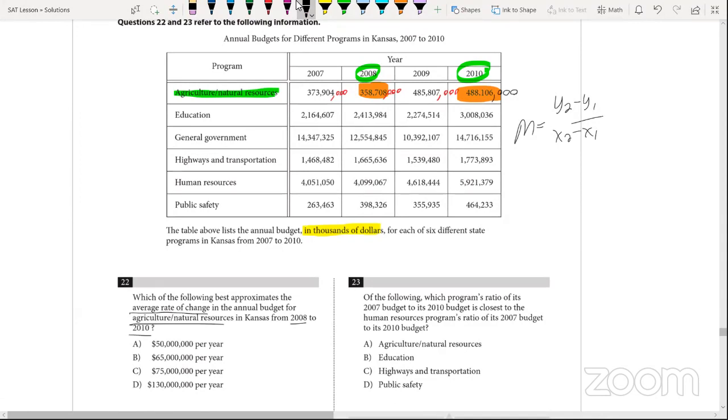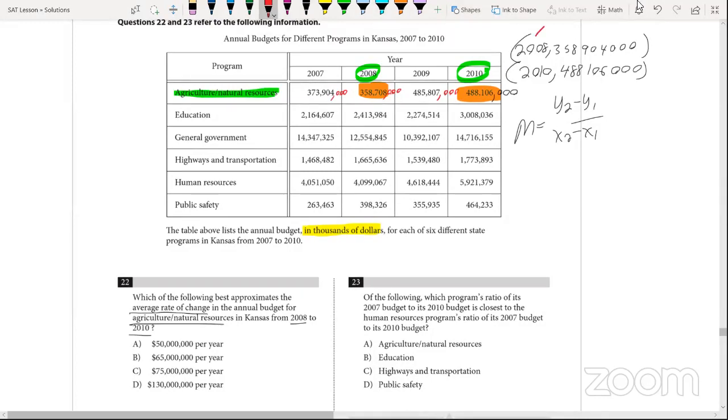Our points are the idea that when we were in 2008, we had 358 million, I won't use a comma, you can see why, 358,904,000. And when we're in 2010, we had the number 488,106,000.